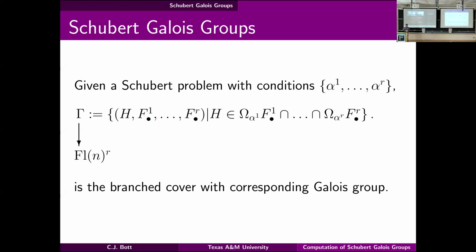So we have a projection down to our parameter space, which are our R flags. So again, once you fix the R flags, its fiber is going to be the specific solution to that Schubert problem. And so again, you get a branched cover. It's going to have a Galois group, and you can ask what is such Galois group, and if it's the full symmetric group, or if it's some constrained smaller group, and if it is some smaller group, what type of geometry is this sort of thing encoding?